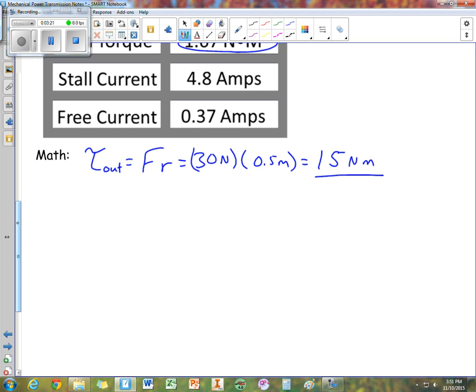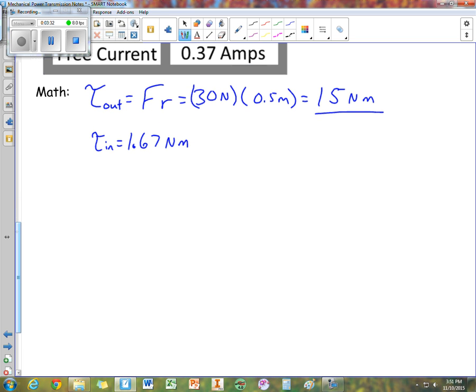Our input torque is 1.67 Newton meters. Well, remember that the output torque also equals the input torque times mechanical advantage.